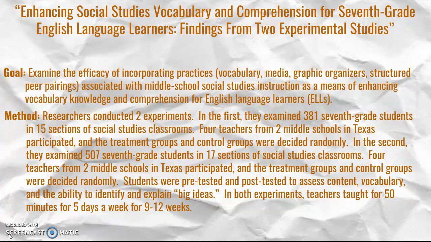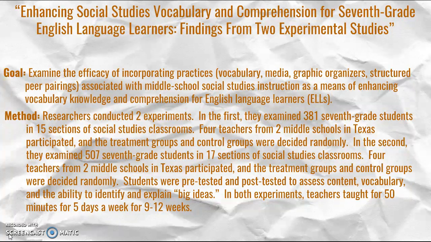The next study used to support the recommendation was enhancing social studies vocabulary and comprehension for 7th grade English language learners, findings from 2 experimental studies. The goal of this study was to examine the efficacy of incorporating practices associated with middle school social studies instructions as a means of enhancing vocabulary knowledge and comprehension for ELLs.